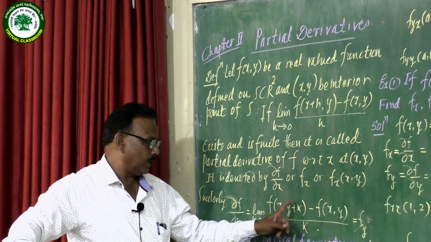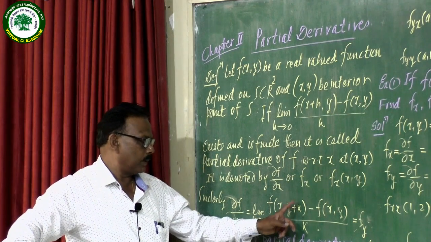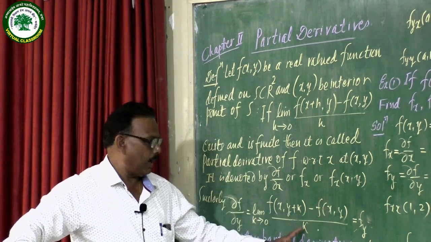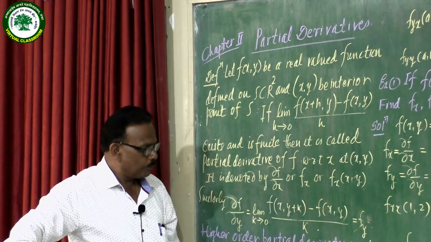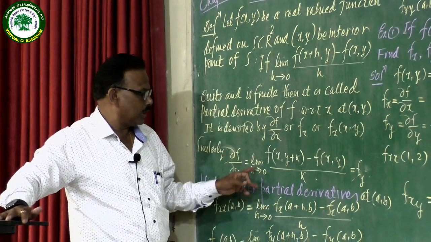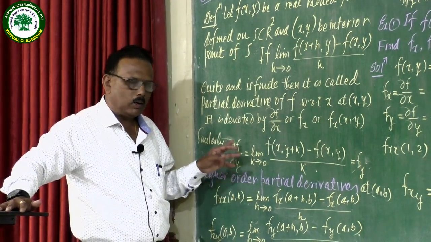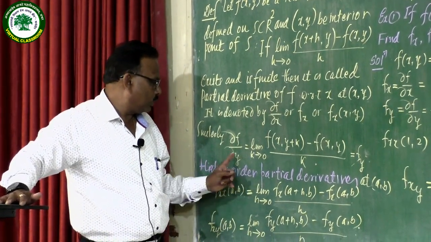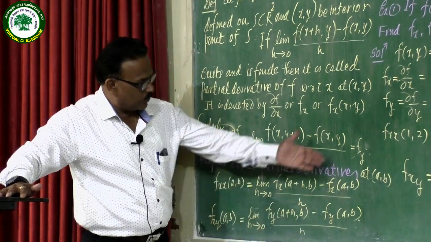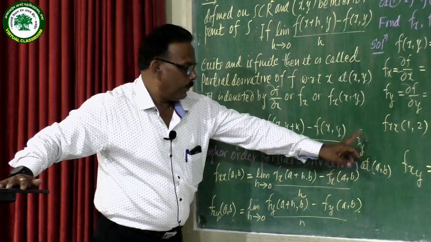There is a change in y, therefore limit as k tends to 0 of f(x, y plus k) minus f(x, y) divided by k, and if that limit exists and is finite, then it is called the partial derivative of function f(x, y) with respect to y at point (x, y). It is denoted by del f by del y or f_y.